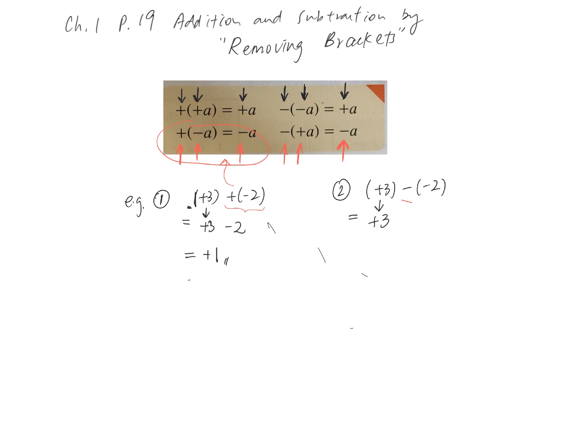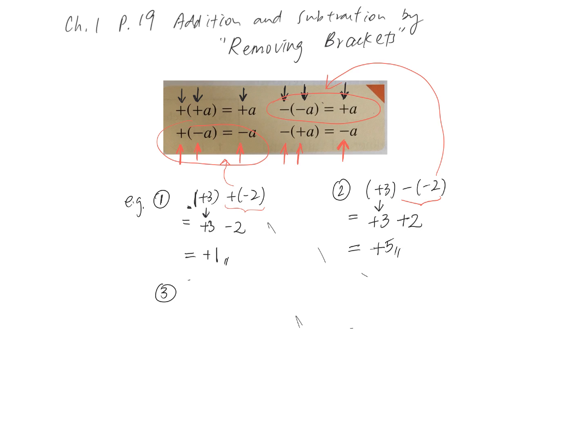But secondly, we see a subtraction sign outside a negative number, so we can apply this rule. And so this becomes a positive of 2. So positive 3 adding a 2 will be a positive of 5. That's the total value. Now let's move on.